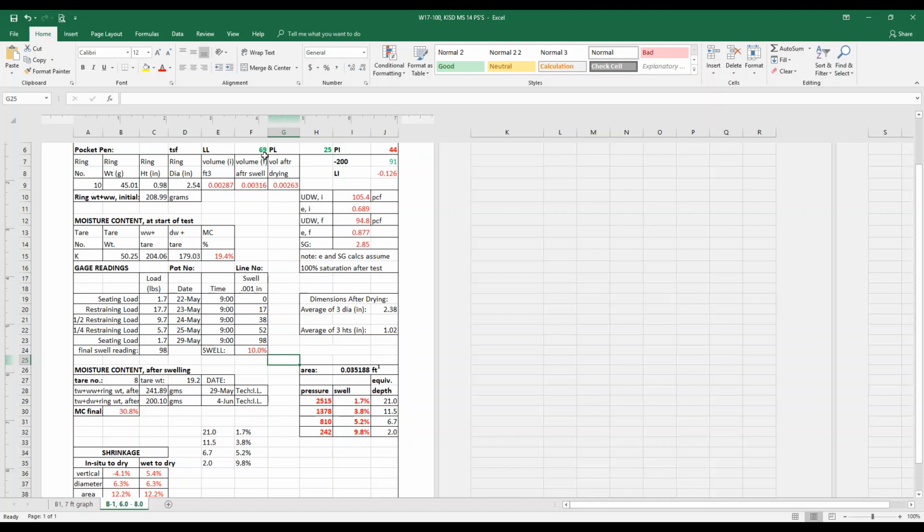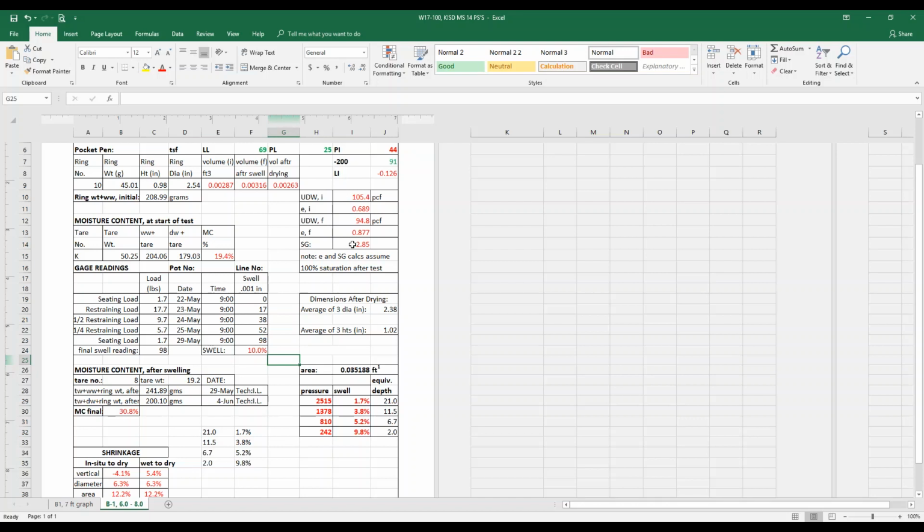And you also see the numbers of the PI, minus 200, the liquidity index, the unit dry weights that are calculated, initial and final, also the void ratios that are calculated for initial and final, and the specific gravity.